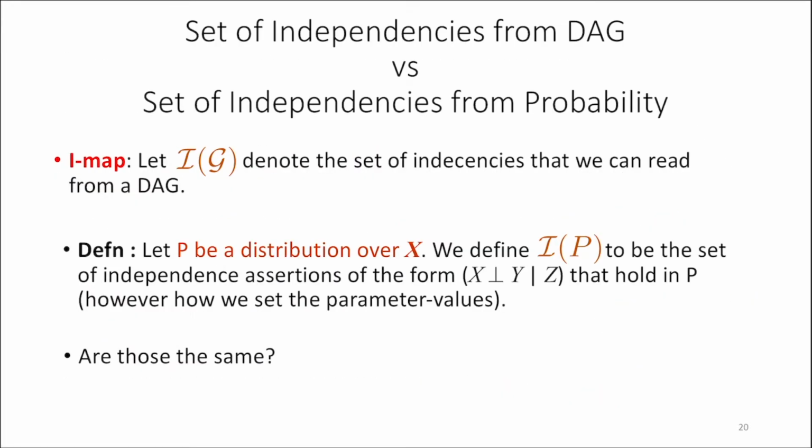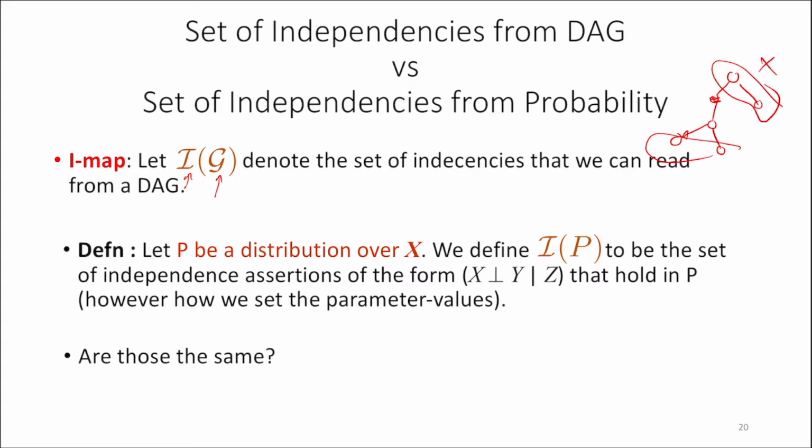As I mentioned in the previous slide, we should be able to read the set of independencies from a DAG. We call this the I-map, which is represented as curly I(G). G is the graph, the DAG, and I is the set of tuples that shows the independencies. What I mean by tuple is that, for example, you have some graph, and from this graph you say that this set of variables is independent of these variables if I condition on this one.